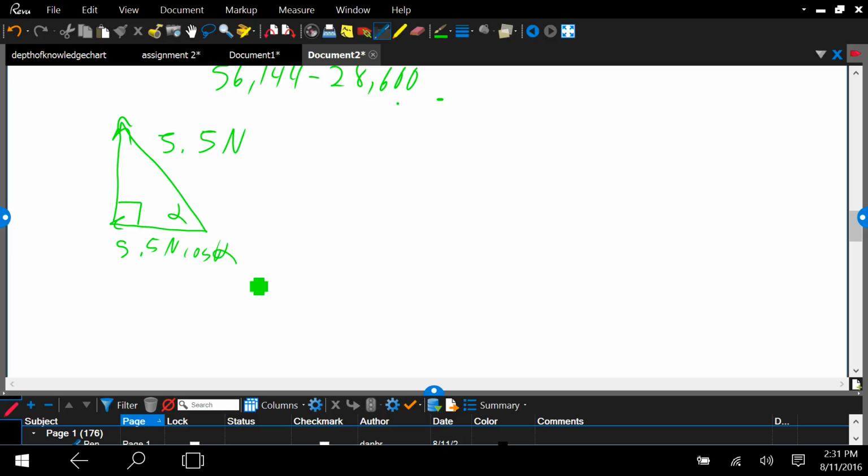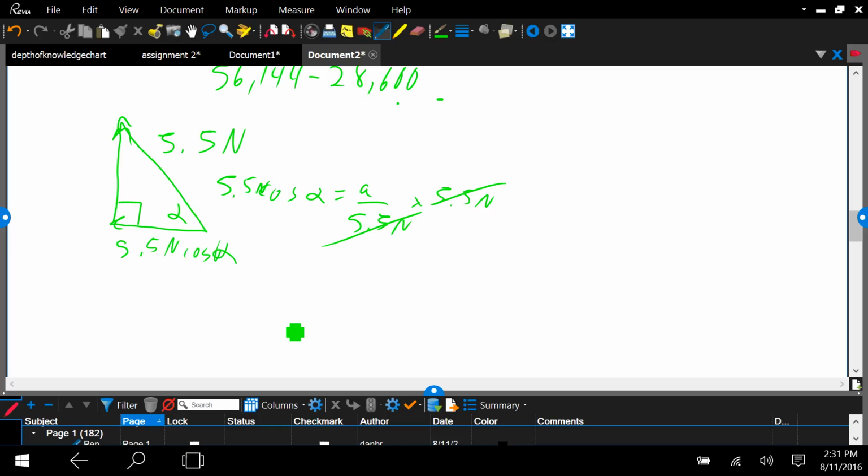These two are at right angles to each other. This is my adjacent side. So I can say cosine of my angle is equal to the adjacent side over the hypotenuse, which is 5.5 newtons. And if you multiply both sides of the equation by 5.5 newtons, it cancels out on the right. And on the left-hand side, I see 5.5 newtons times cosine of alpha is the adjacent side. So I just put it in there, okay?